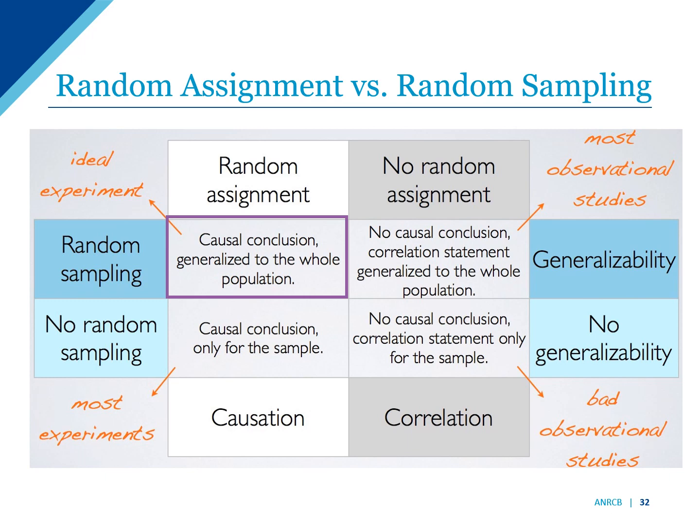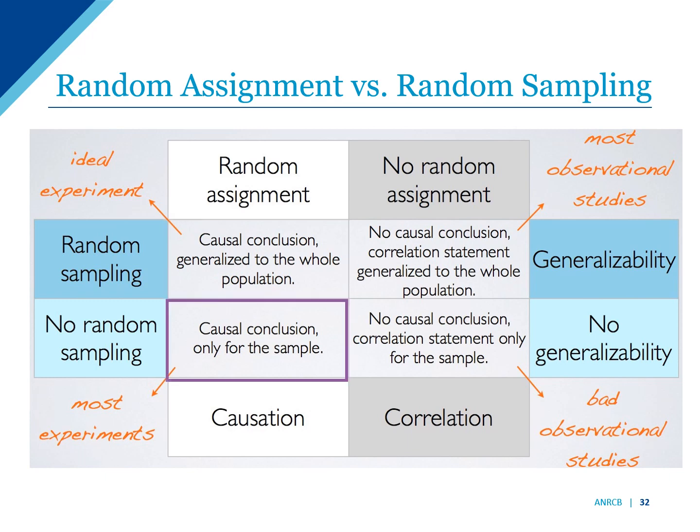This leads to a greater ability to draw a causal conclusion and allows us to generalize our results to the population. Most experiments, however, fall in this corner where there is random assignment but no random sampling. We can make some causal conclusions about our sample, but they are not generalizable.